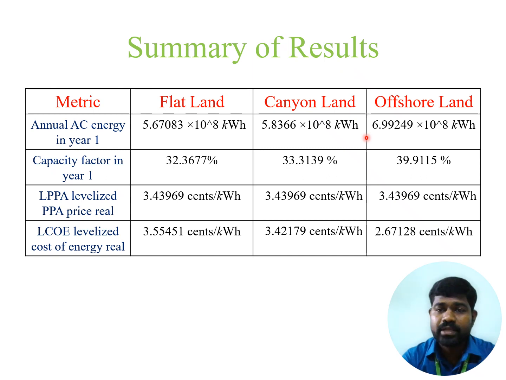To compare the results, offshore land is one of the best lands for implementing renewable energy. Offshore land has maximum energy produced for more months, and the maximum annual energy is 6.99249 into 10 power 8 kilowatt hours. From this comparison of all the results, for implementing a new wind farm, offshore land is one of the best lands.